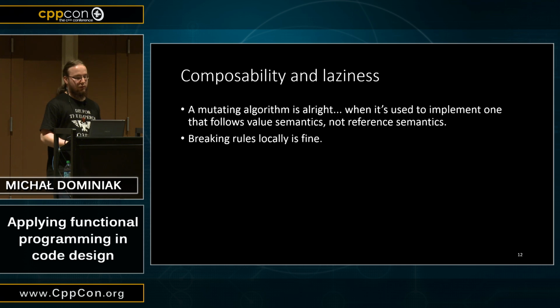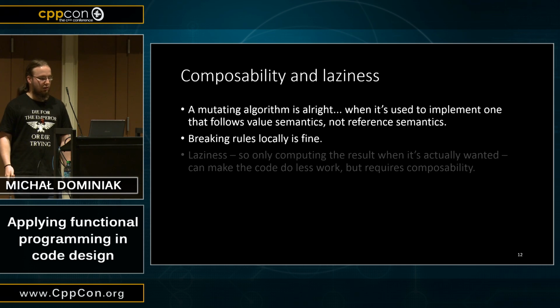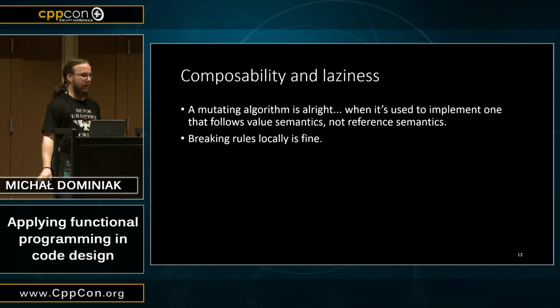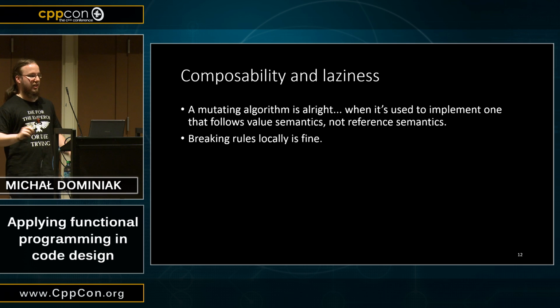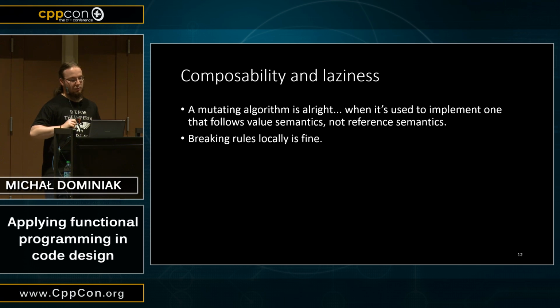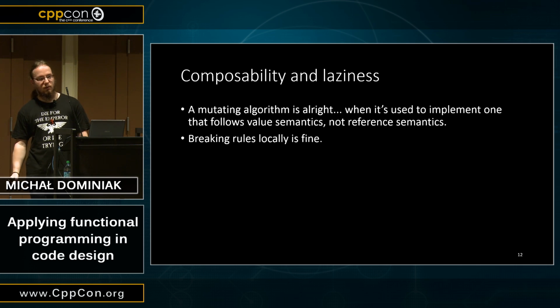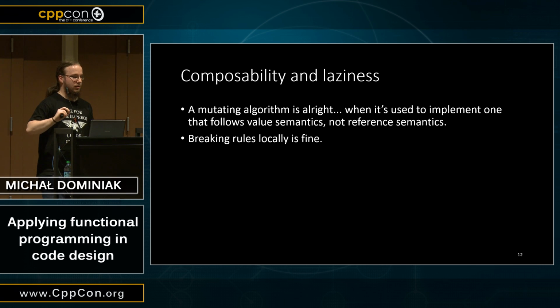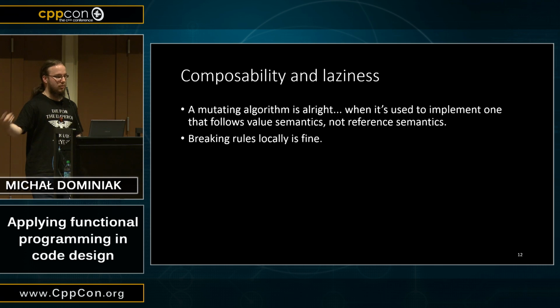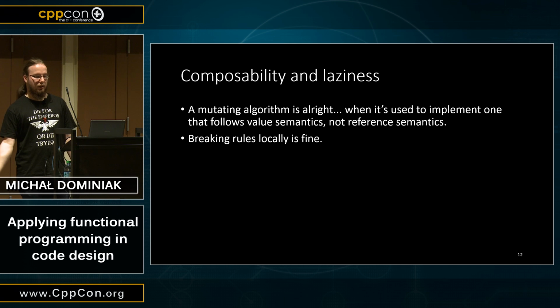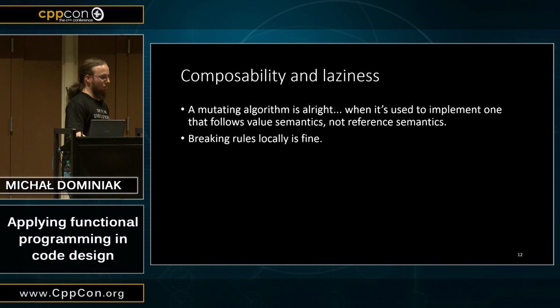Okay, so mutating is fine, and breaking the rules locally, even if we set them ourselves, is fine. It's the same case as with type invariants. As long as the invalid state doesn't escape a local scope, so no one outside of us can see the invalid state, we are okay.